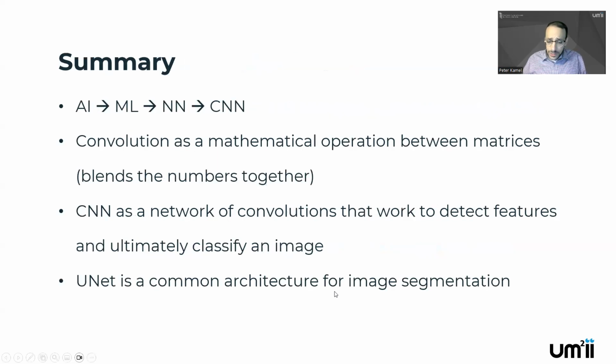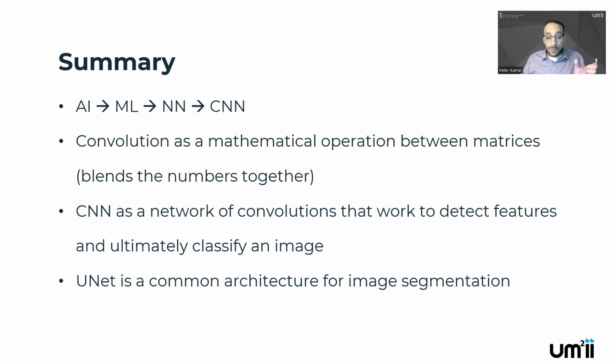Okay, and so here's just the summary slide of everything that we talked about today. We talked a little bit about where we are in the grand scheme of things, that AI is the general term. We're going to machine learning, neural networks, and we're going to convolutional neural networks, which is a specific type of neural network. And we said a convolution at a fundamental level is a mathematical operation that can be done between two matrices, two sets of numbers, two functions.